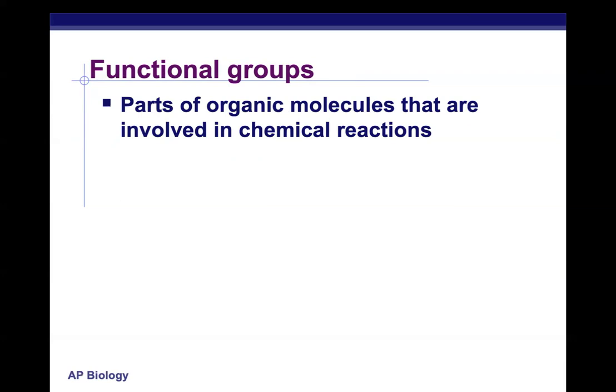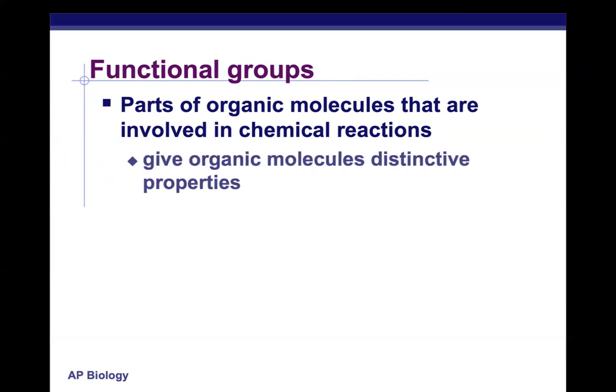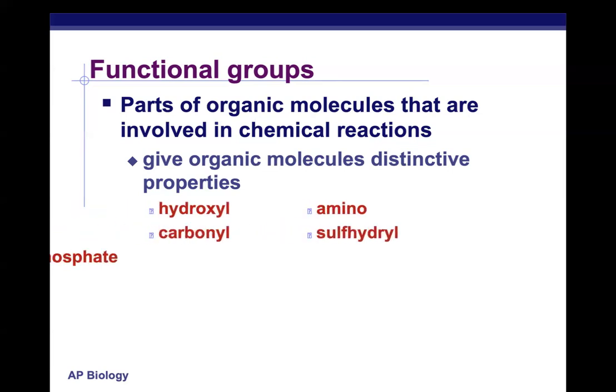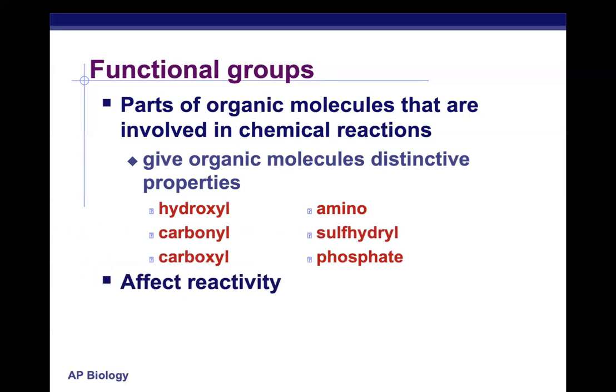The next thing I want to talk about is called functional groups. A functional group is a part or parts of an organic molecule that are specifically involved in chemical reactions. These functional groups, or let's say repeating motifs, give organic molecules very distinct properties. These are the names of different functional groups, like the hydroxyl, carbonyl, carboxyl group.